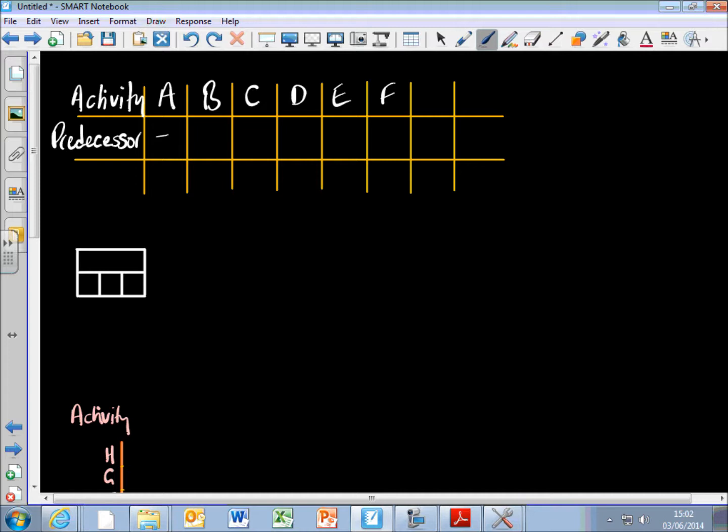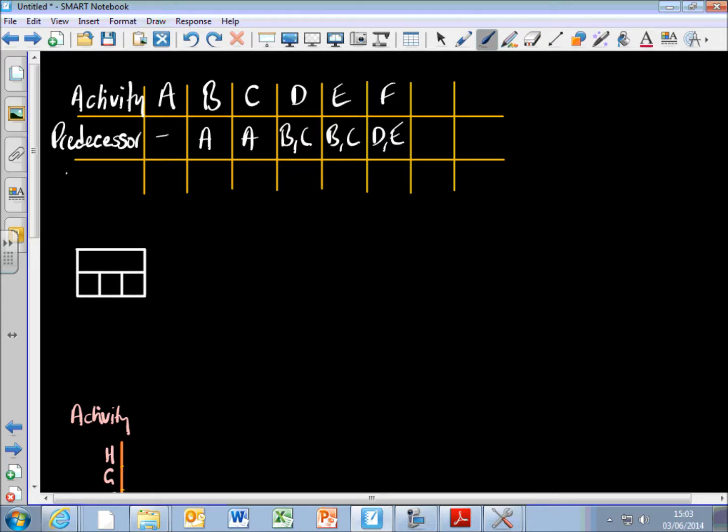Before I start job B, I need to have completed A, and before I start activity C, I need to have completed A. Before I start activity D, we'll have to have done B and C. Before I start activity E, I need B and C done as well. And before I start activity F, I need to get D and E finished. Okay, so that's what the predecessors are, what jobs need to be done before I can start that next job.